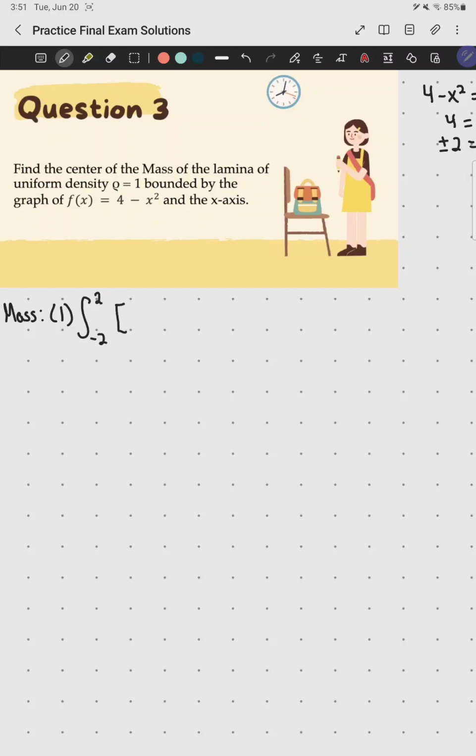And our mass equation is going to be the following: f of x, so 4 minus x squared dx. More or less we can get rid of the 1 as well. So let's just go ahead and do our integration. 4x minus 1/3 x cubed from negative 2 to 2.